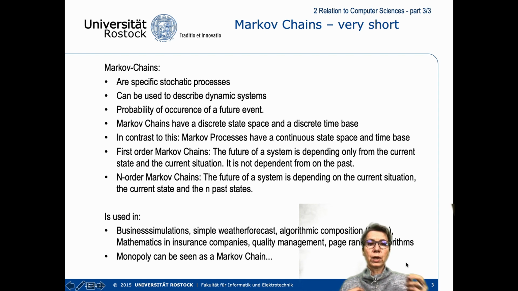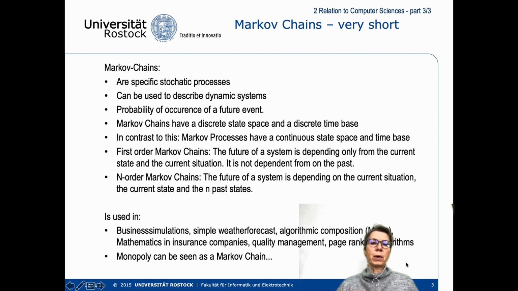For example, in the first order Markov chain, you can model a system where the future depends only on the current state and the current situation. So no history is involved. It's like you're not really a blank page, but a page which only has entries for what is currently valid.